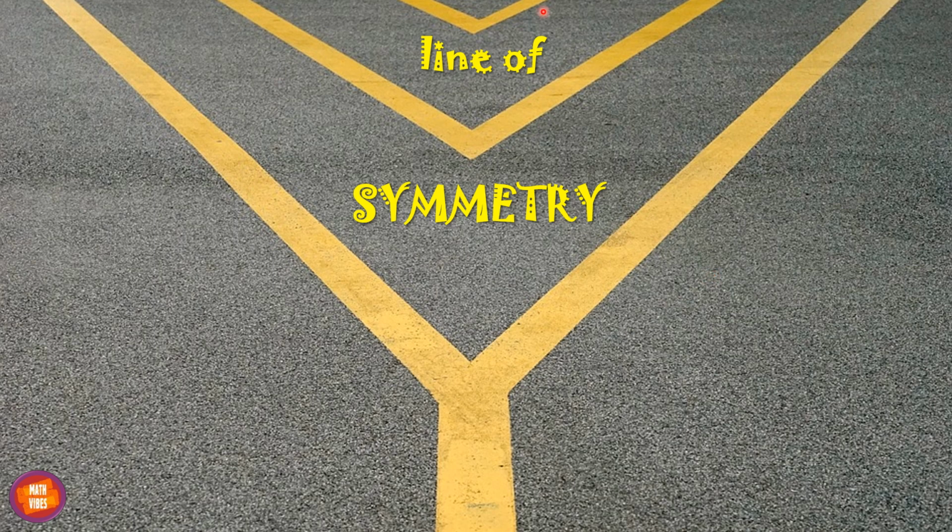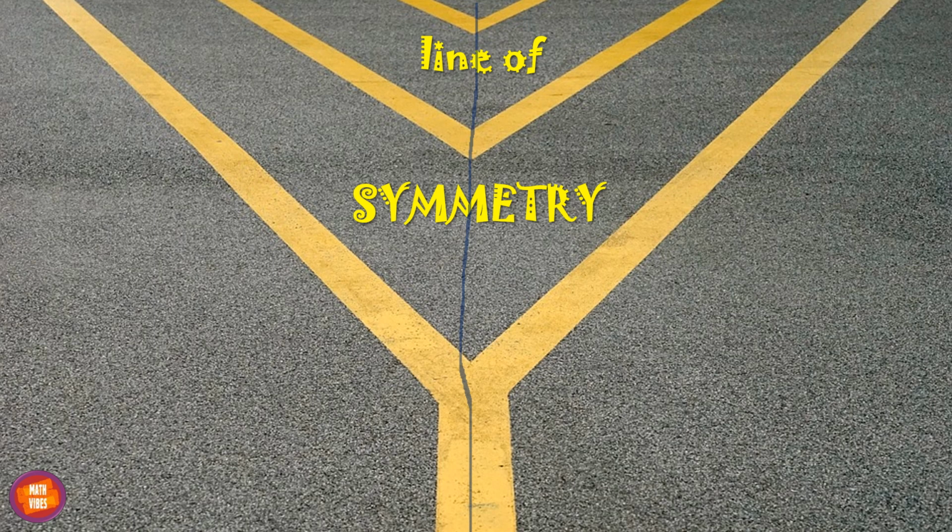Now in this background, you can see that these are designs on some road, and along with this, if I draw a line like this, or I divide it exactly into half, let's see, I'll draw a rough line. It should be straight.